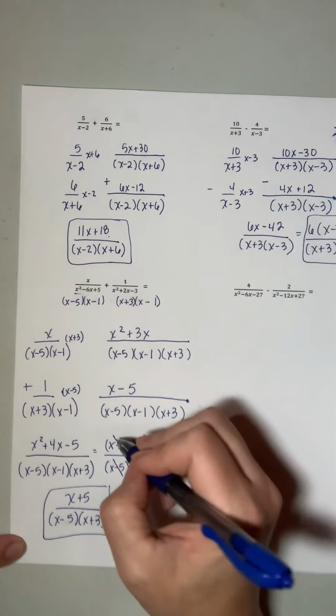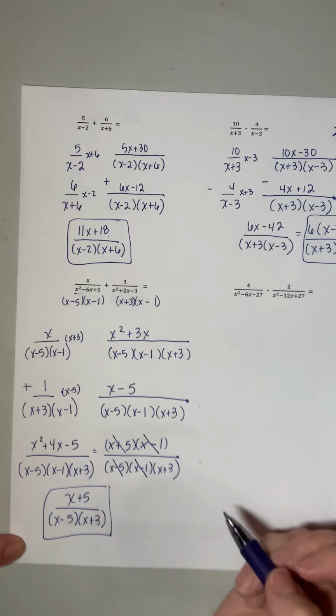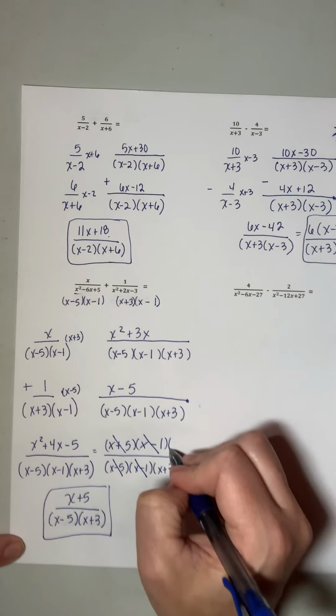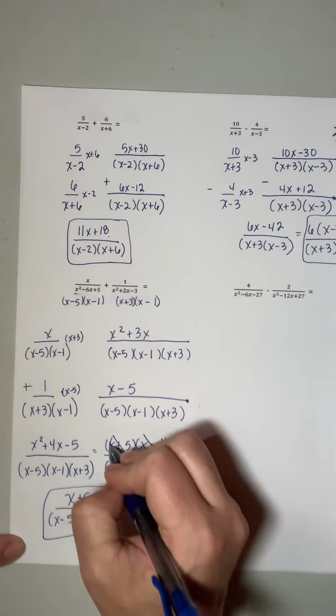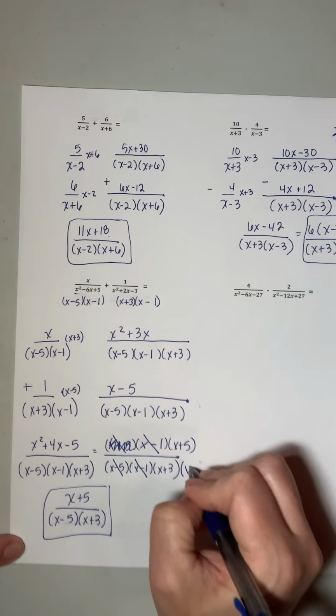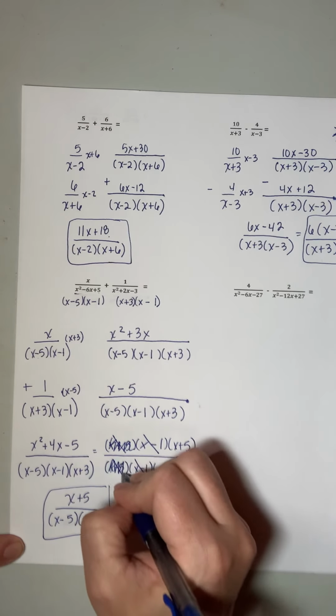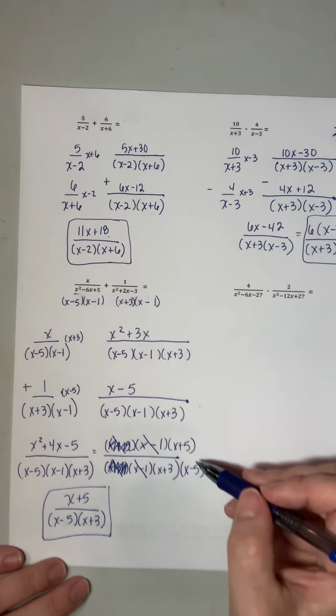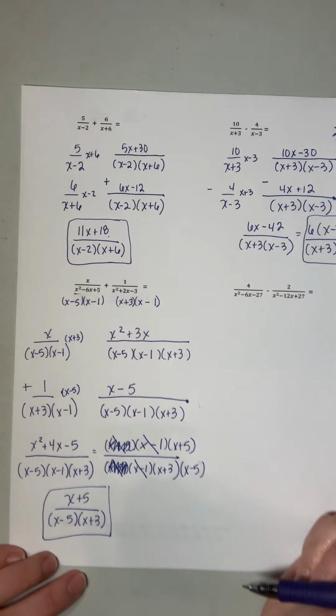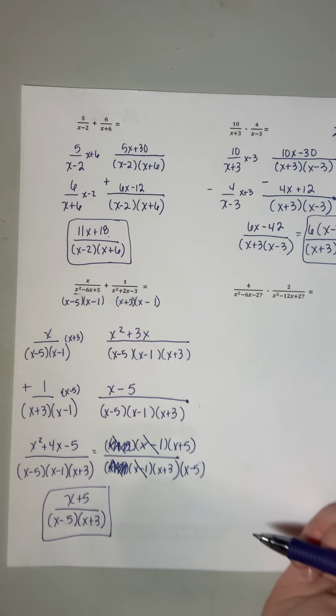And that's your final. So those should not have been. Here, I'll put them down here. So you're left with x plus 5 over x plus 3, x minus 5.